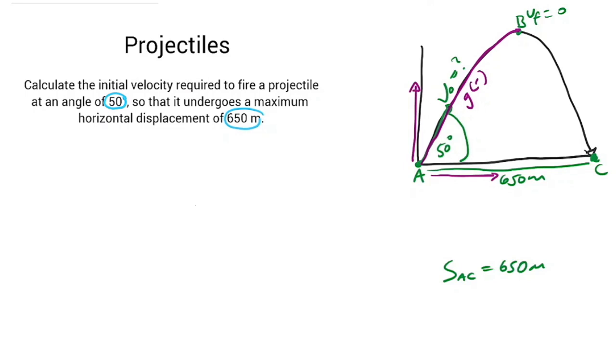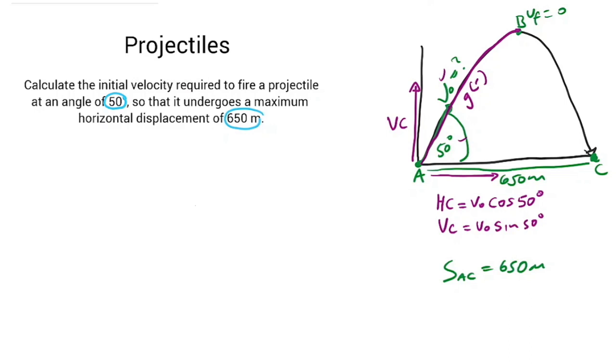We'll represent the horizontal component velocity by HC, which is equal to initial velocity times cos 50 degrees. The vertical velocity we'll represent by VC, which is equal to the initial velocity times sine 50 degrees.